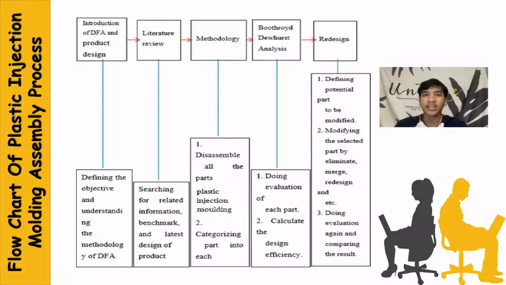In the redesign, we define potential parts to be modified, and select parts by elimination, merging, redesign, and others. And then we do evaluation of each part and calculate, with disassembly of the plastic injection molding parts.